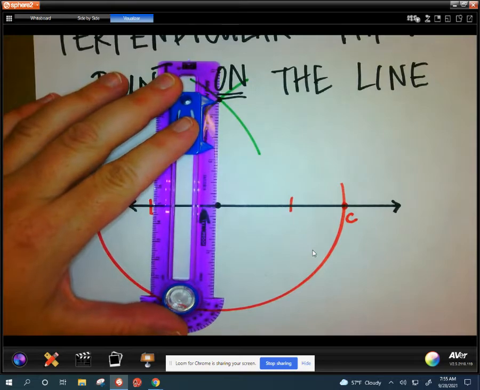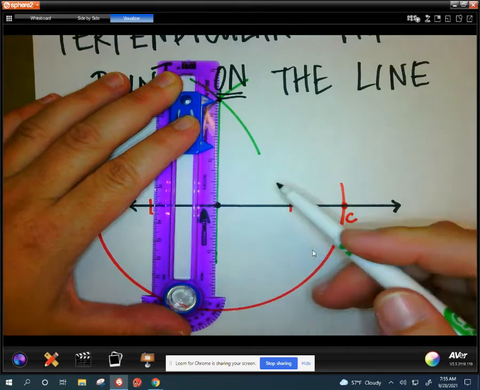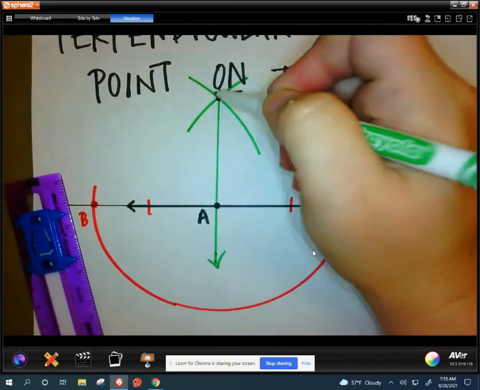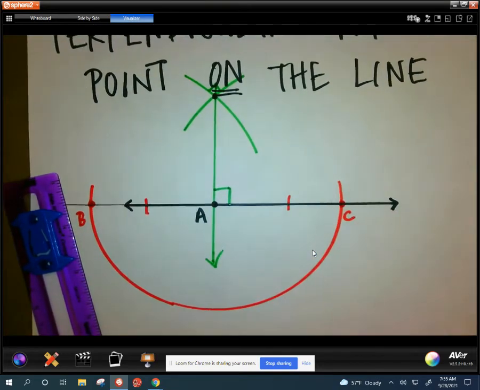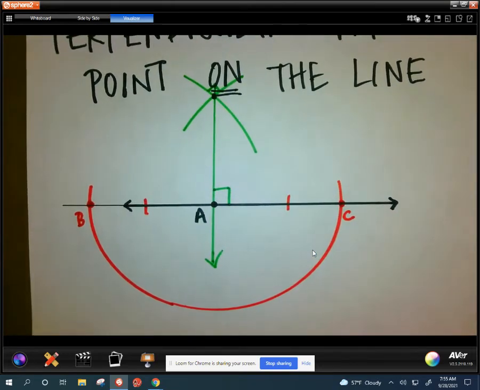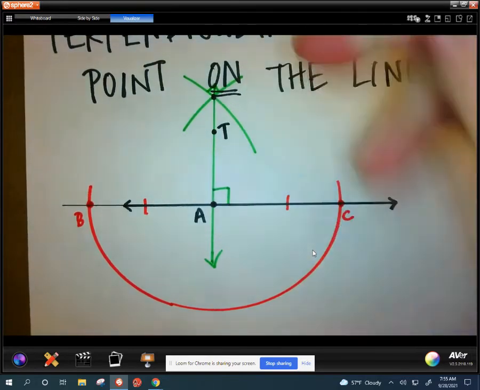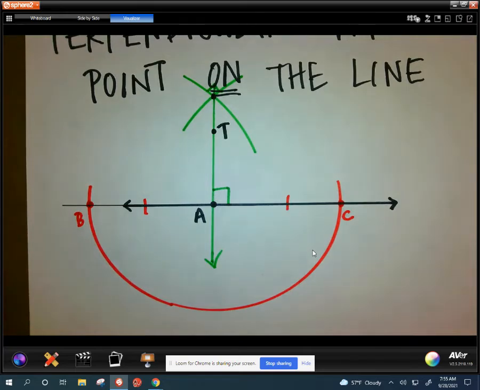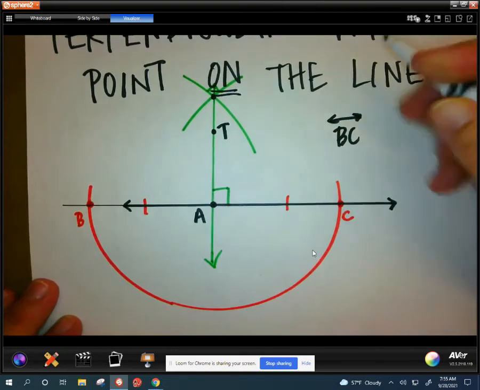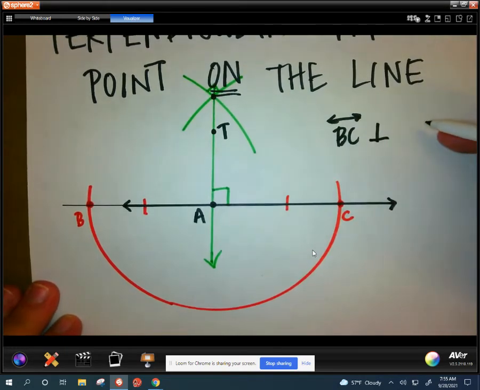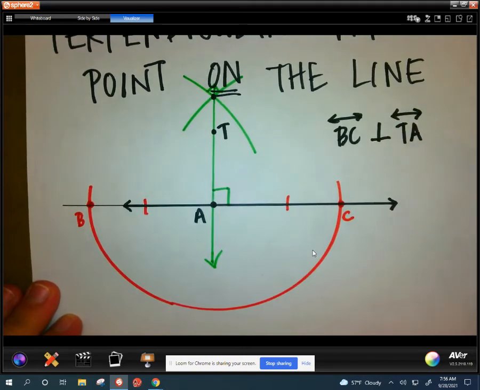I draw a line through these 2 points. And this line is guaranteed to be perpendicular to my other line. So if I put another point on this line, like I say, this is point T, just making it up, I can say that line BC is perpendicular to line TA.